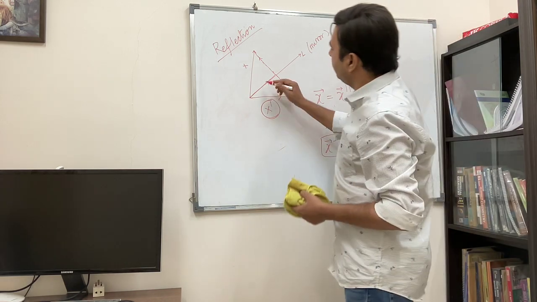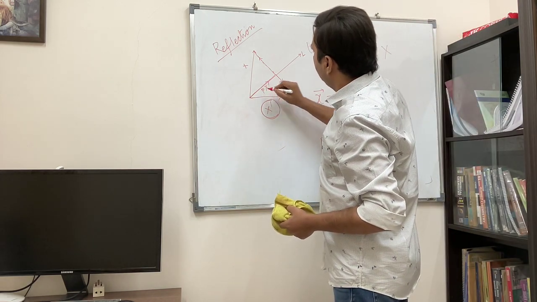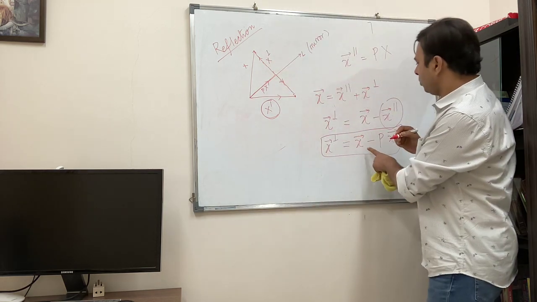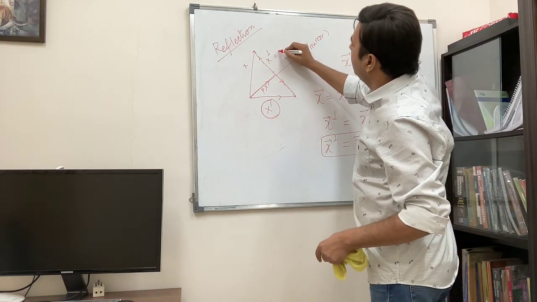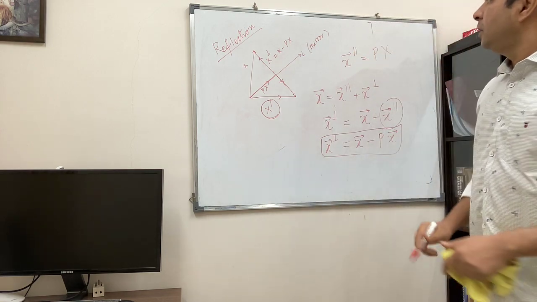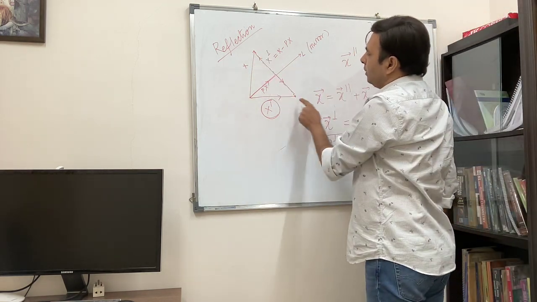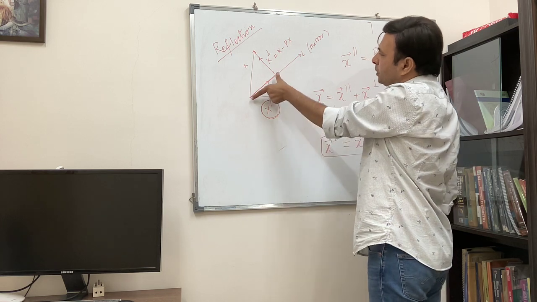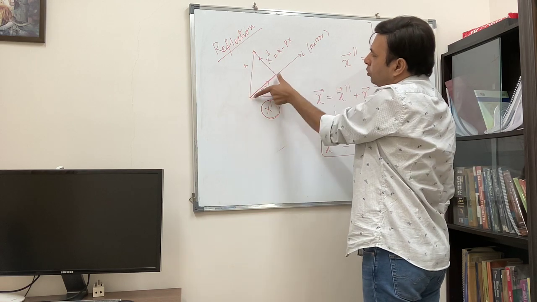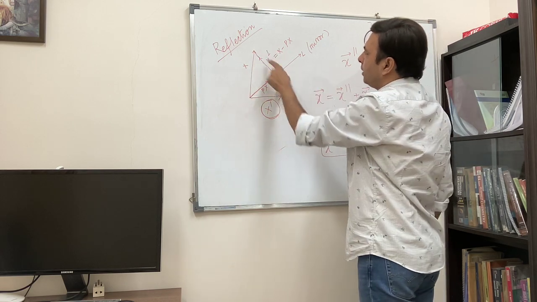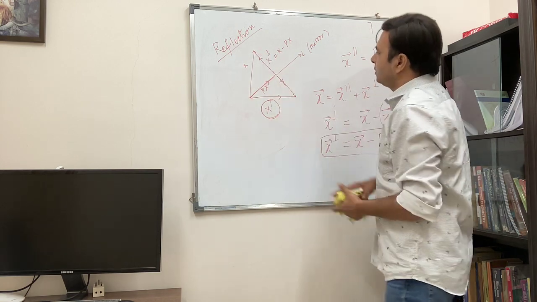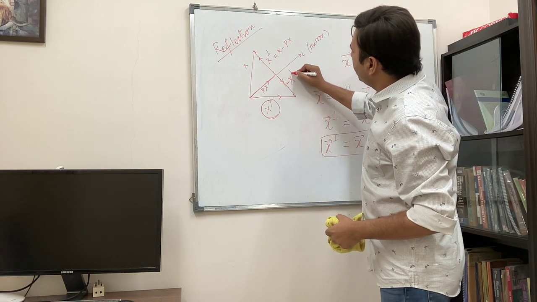I know this component, which was the projection of x, and this component, x perpendicular, which we already know is nothing but x minus projection of x, right? The projection part is common, but now I have to add this one to this, by taking a minus of that, because the original x perpendicular was in this direction, and in the mirror it will be in this direction. So this is nothing but minus of x perpendicular.